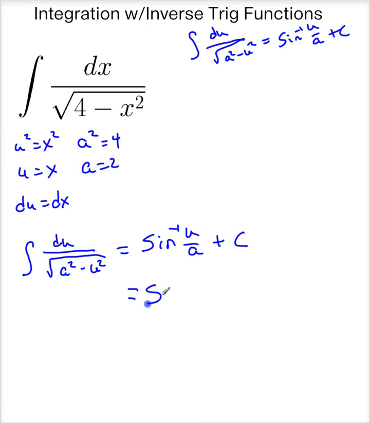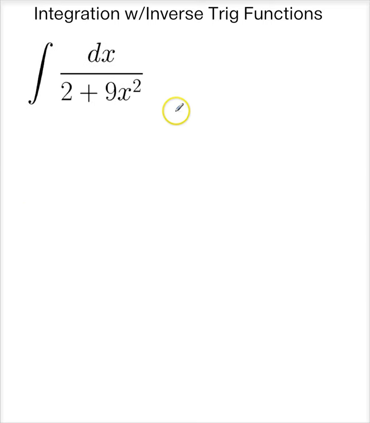So this is the inverse sine of x over 2 plus c. But we're going to see it's not always quite this straightforward. What if I have this function right here? This is of the form of the inverse tangent. So I know the integral of du divided by a squared plus u squared is equal to 1 over a, the inverse tangent of u over a plus c.